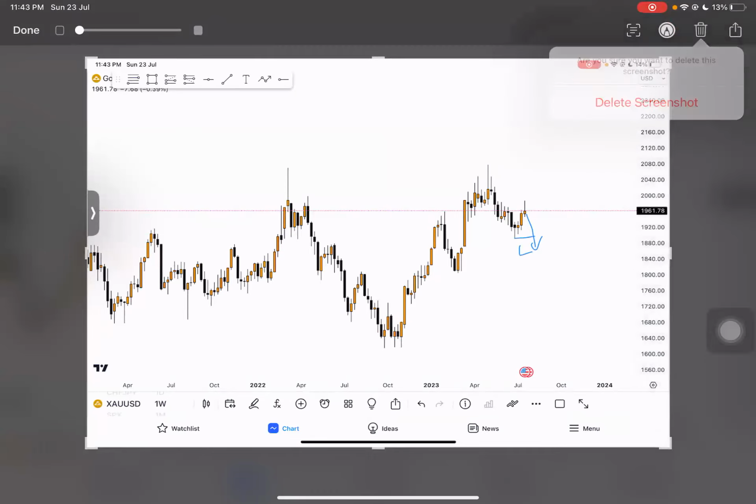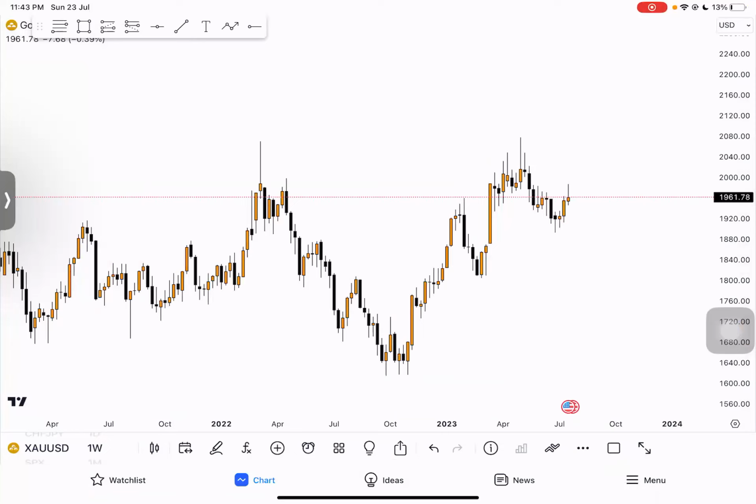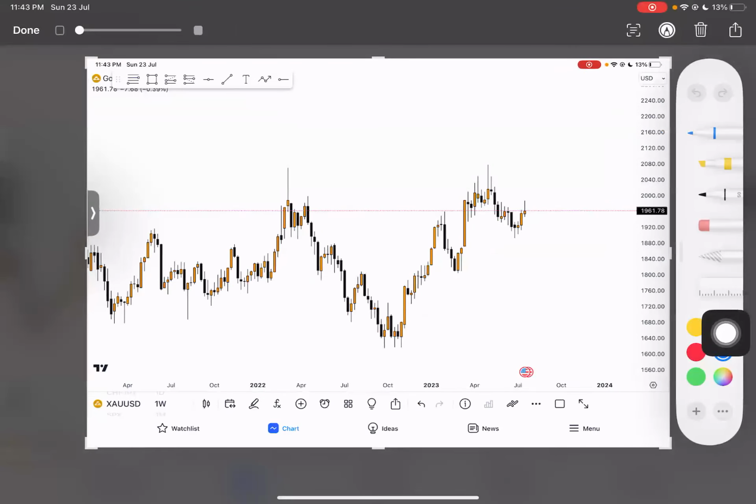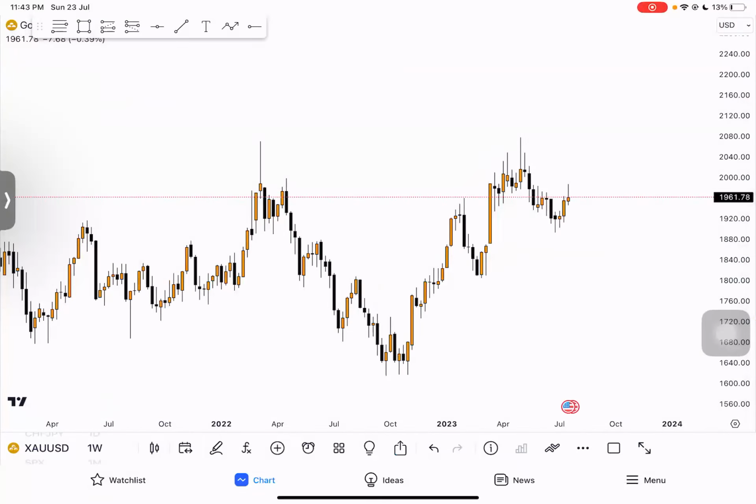So from weekly you can see it's still a downtrend for the current one, for this area, not the bigger one. These few months are still a downtrend, but for the long term, it's an uptrend.